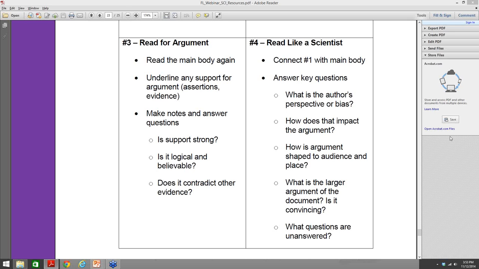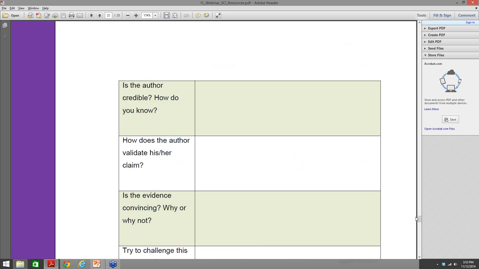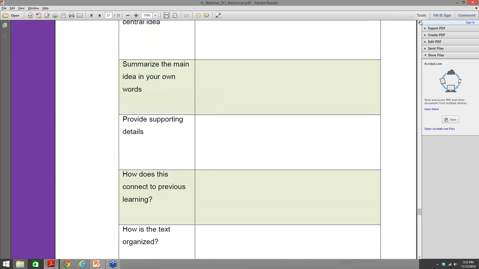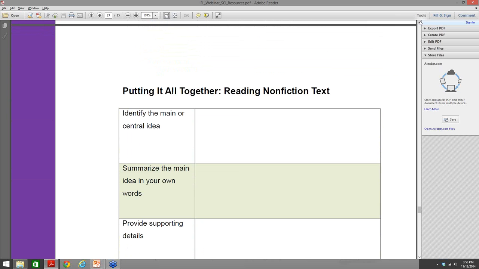Okay, so I can read like a scientist. But a couple other things to assist you as you're working with students, because we all know that sometimes graphic organizers work real well. Well, as I read nonfiction text in science, I can use something similar to this graphic organizer that you have in your workbooks or your guides on pages 19 and 20.